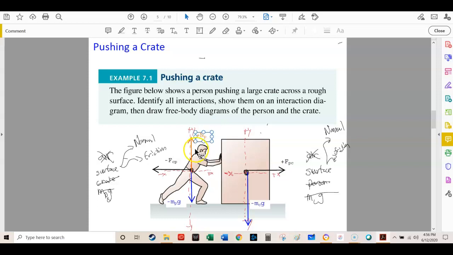Okay, cool. Now I'm going to select both of those, and I'm going to do the crate. Since the crate has a bigger weight vector, the ground is going to have to hold up more weight, otherwise it would sink into the ground. So it's going to hold up exactly its weight, and this is going to be the normal force on the crate.